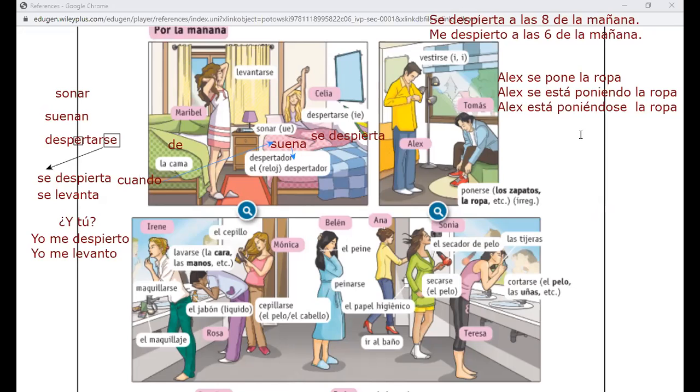Tomás se está poniendo los zapatos. It's either se está poniendo o está poniéndose. You cannot use that se twice.